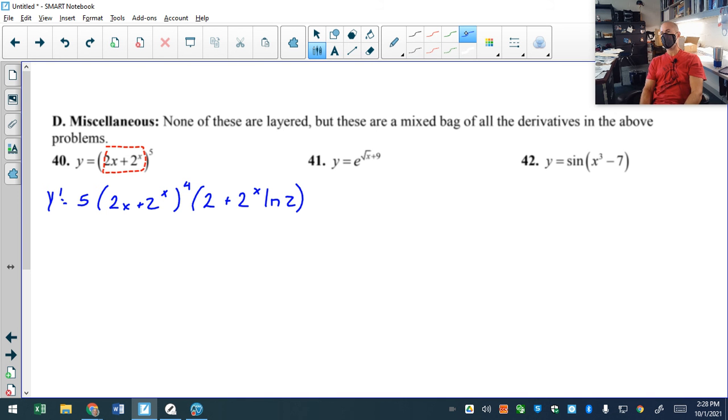41, y prime. This one, what kind of derivative are we looking at here? Obviously a chain rule, but it's the exponential, which means the derivative would be what?